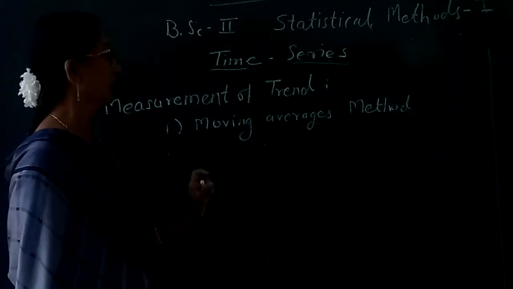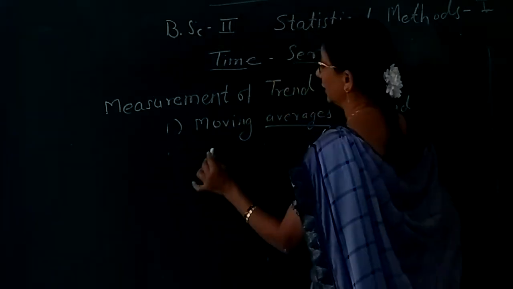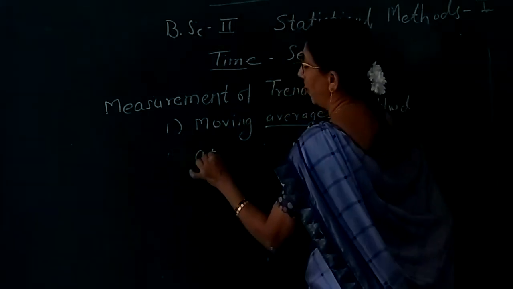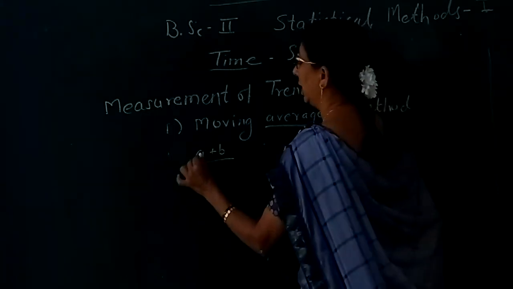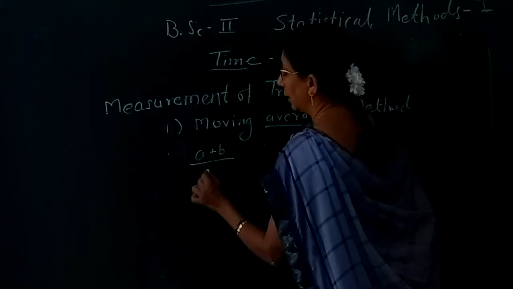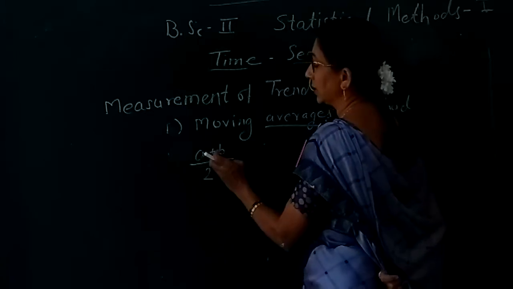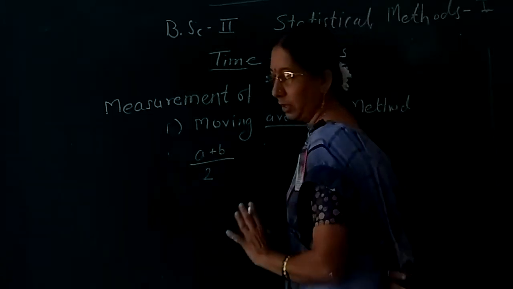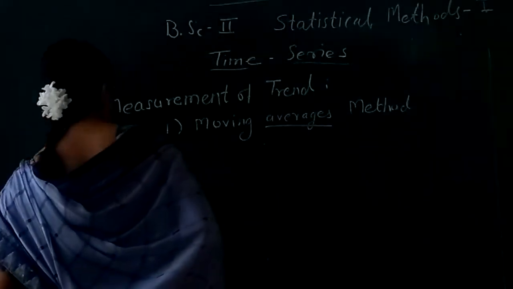Moving means we can move. Average means sum of all observations. Suppose there are two observations, we take the sum of these two observations divided by the total number of observations, that is A plus B by 2. This is the kind of average.